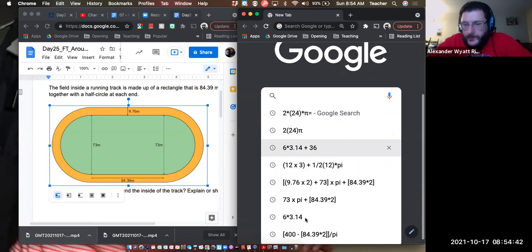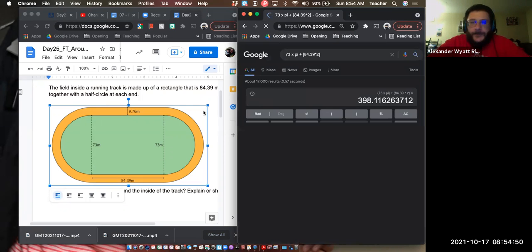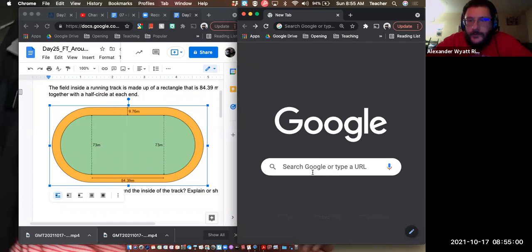These are previous equations, and wow, look at that. Here's the equation for the previous one. Let me go back and see if I can do that again.